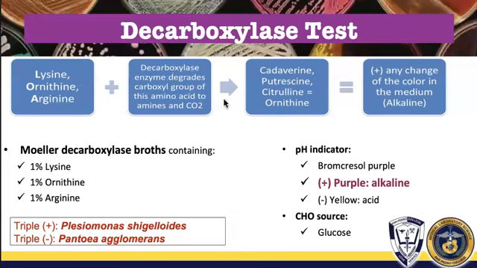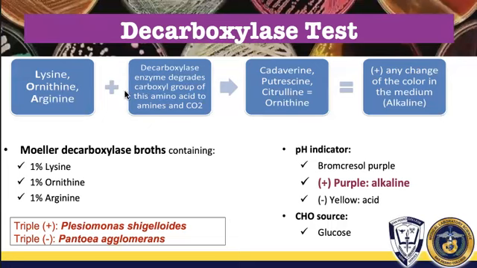The principle is that if the organism is able to act on glucose and ferment it, producing acids, the medium will initially become acidic, turning it from purple to yellow. Bromocresol purple is triggered to change into yellow. That is the initial color change. Once it is yellow, it is acidic and the decarboxylase enzyme is activated and starts to act on the specific amino acid: lysine to cadaverine, ornithine to putrescine.